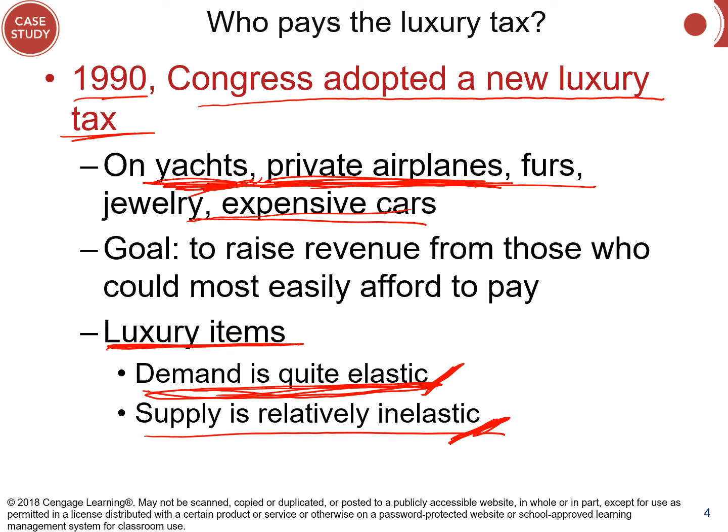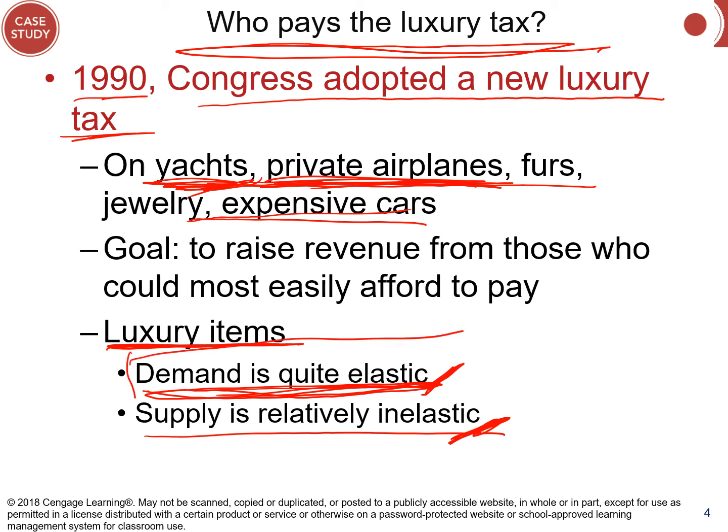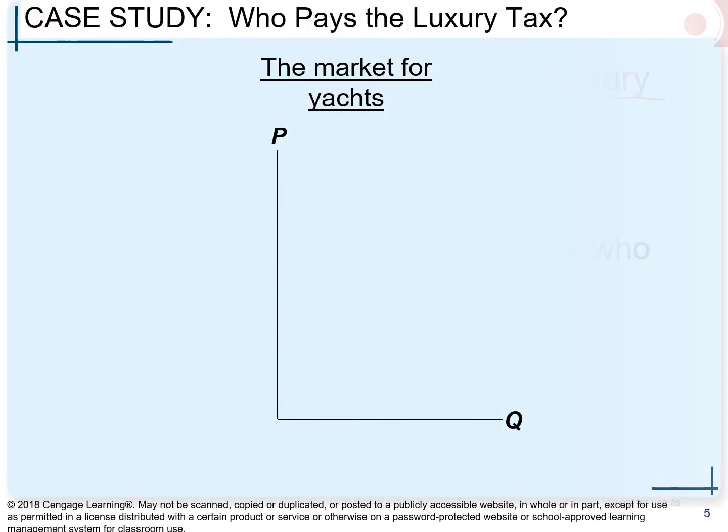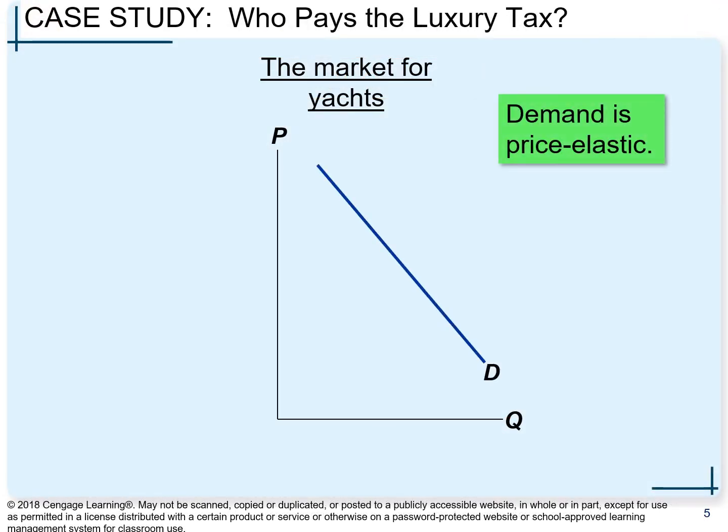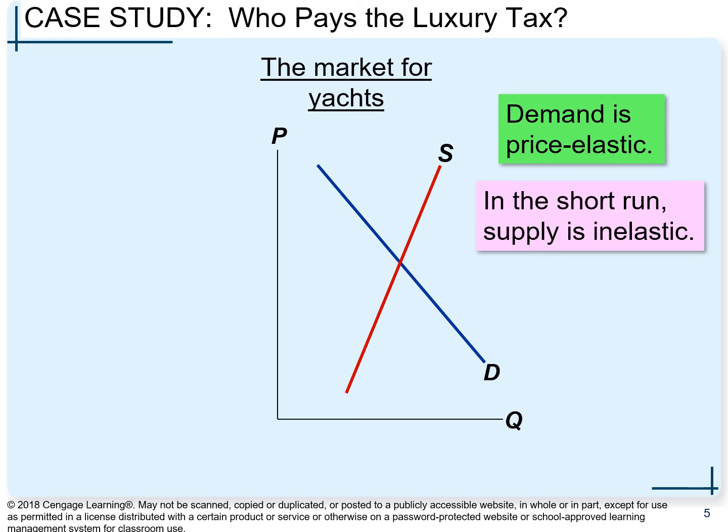Now, we need to think about who ended up paying this luxury tax. Remember, we wanted to collect it from buyers most likely, because buyers of those luxury products actually have more money. So let's look at what happened on the market for luxury products. What we look at here is the market for luxury yachts.